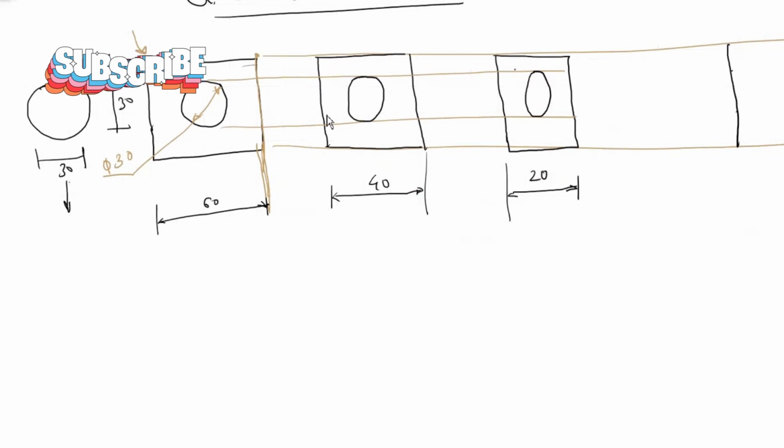So how do we draw this ellipse now in isometric? There are methods which are used to draw an ellipse in isometric. Whenever you have to draw a circle, you will not draw it as a circle, you will draw it as an ellipse.